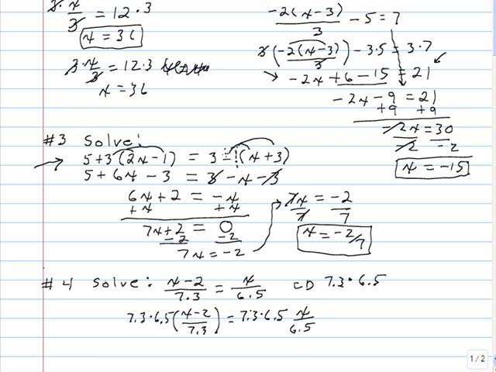I can put this on the left of the term or I can put it on the right of the term, and it will make absolutely no difference at all. So the next thing I do is to get rid of fractions, I cancel. Here I cancel the 7.3 with a 7.3. Here I cancel the 6.5 with the 6.5. And I end up with 6.5 times x minus 2 is equal to 7.3 times x.